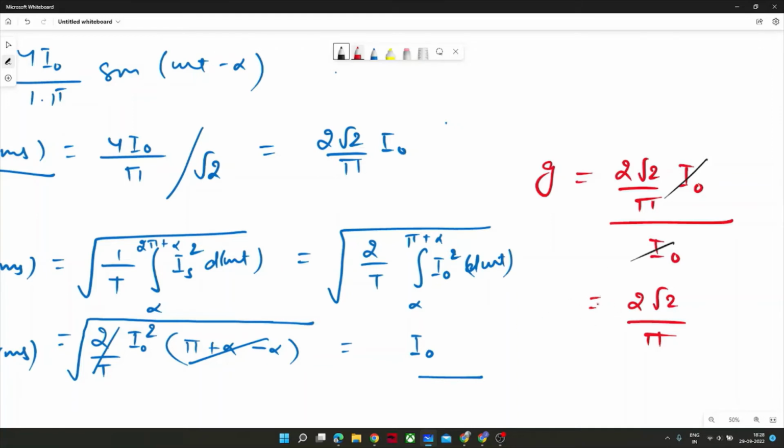If you remember it, it's well and good. It could save you 1 or 2 minutes in the exam. Otherwise, you can always approach from a standard rule.